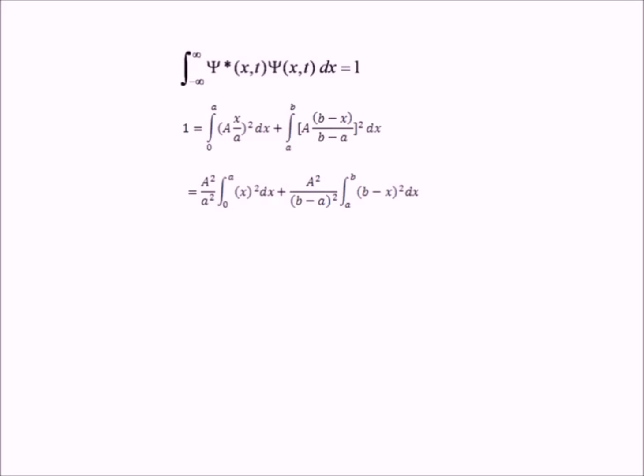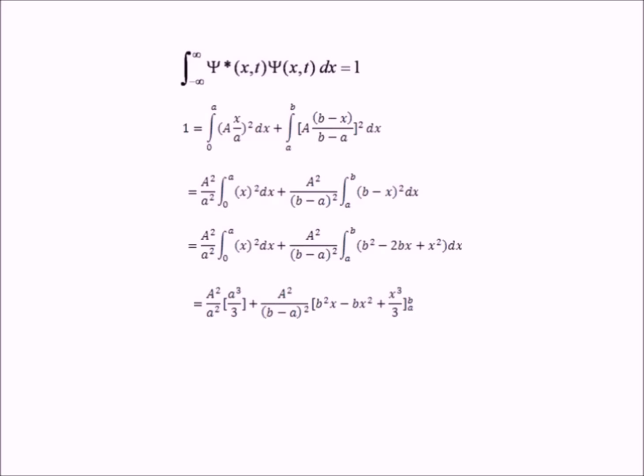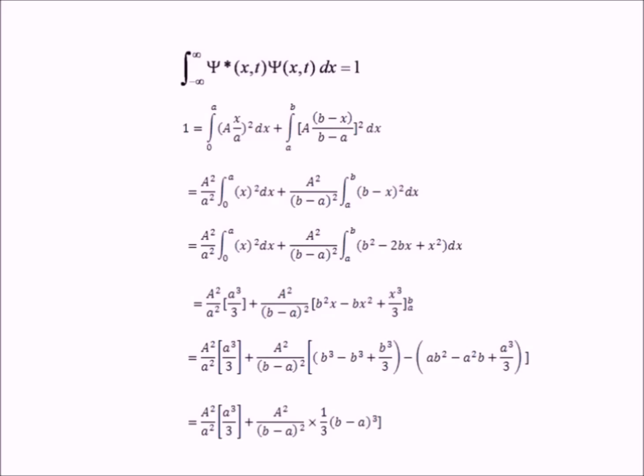By solving we can get further equations. I have solved the (b minus x) bracket square, and then we can get the integration. Putting in the limits we can get this value. Further solving, we get A square b by 3.